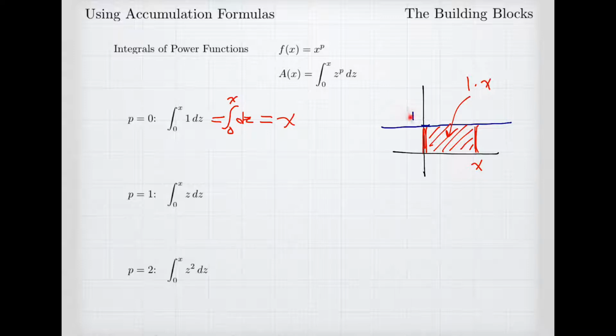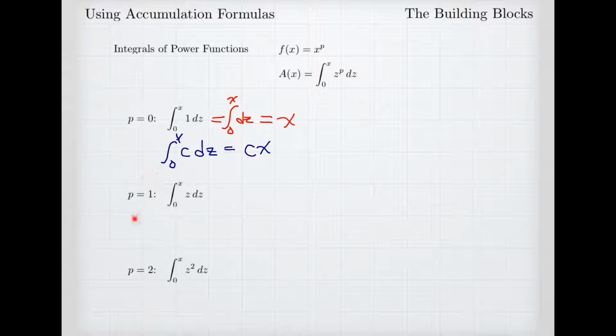If I were to change the height of this graph, and instead have any height, that would correspond to an integral from 0 to x of my constant c dz. And now my rectangle has a height of c and a width of x. And so that formula would be c times x, where again, x is the end value of my integral.